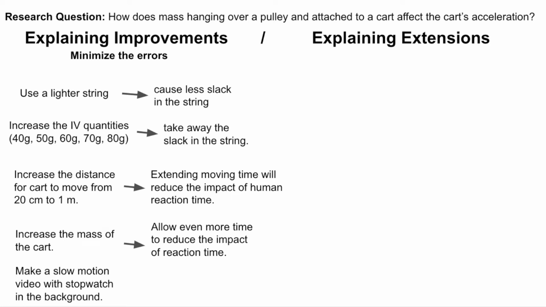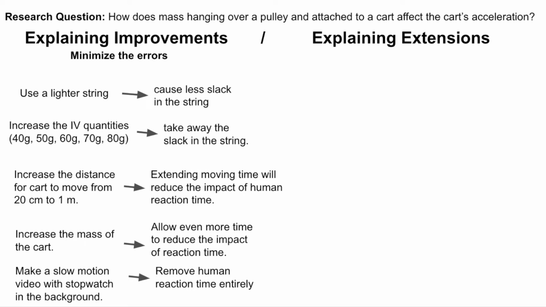And because you're taking those measurements from a video, your reaction time is not relevant anymore because you can pause the video and move frame by frame as you like. So this is a nice way to remove the systematic error of human reaction. You could also use motion detectors or photo gates if you have access to those things. Those are nice ways to avoid the problems that come up with using a stopwatch.